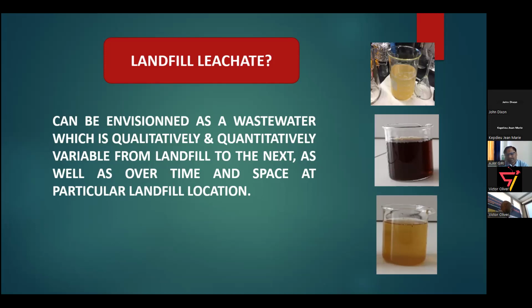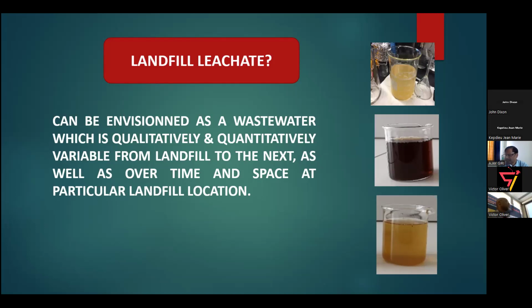Also, one of the things about landfill leachate is that it changes. Typically, from a scientific standpoint, the cells themselves are like a bioreactor. If you look at the characteristic of the leachate, this one is from a very young cell, and that's an older one.